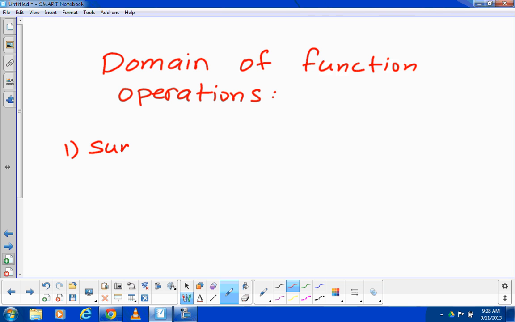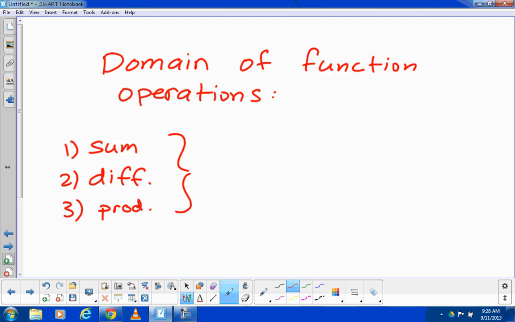So sum, difference, so that would be like adding, that would be like subtracting, and then product would be what? Multiplication. These three, you do the same thing. So what happens is usually these three end up having the same domain.